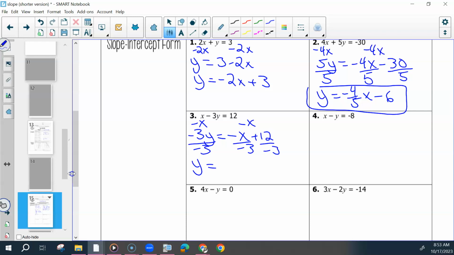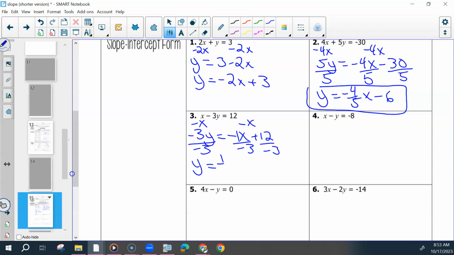Positive. So this would be positive, yes. What's the number? 1. 1, but we're dividing by 3. So not 3, not 1, but we're dividing by 3. So not 3x, but we're dividing. So there's an invisible 1 right here.